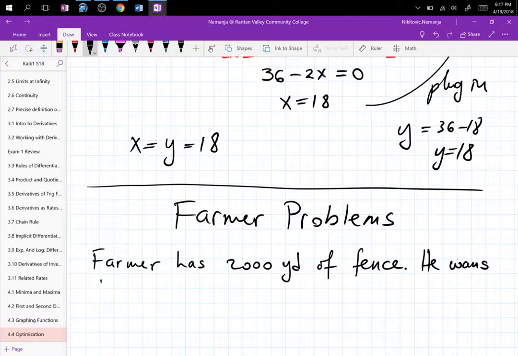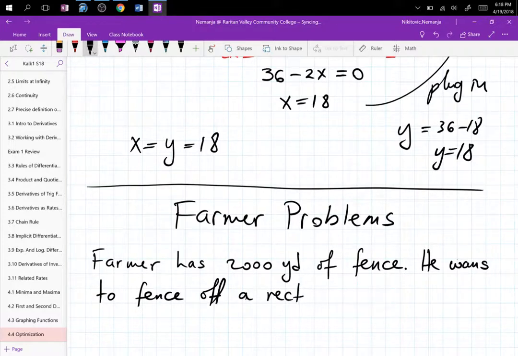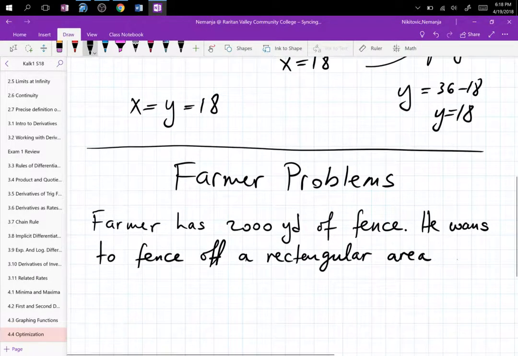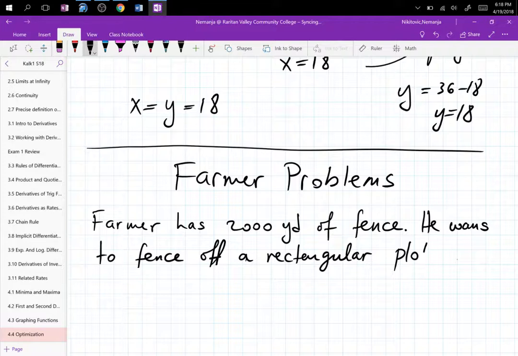He wants to fence off a rectangular area. No. He wants to fence off a rectangular plot of maximum area. There we go.